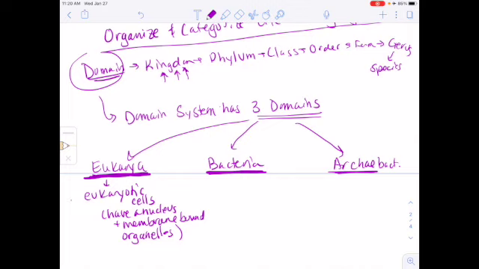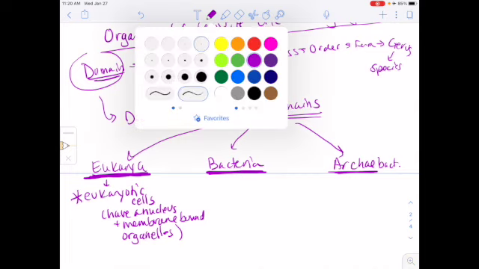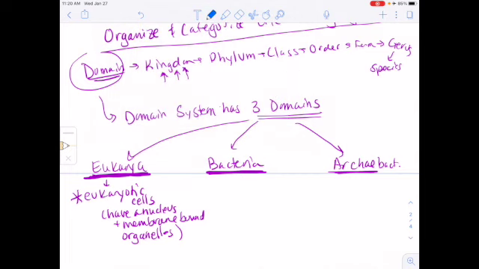So if something is in eukarya, it's a eukaryotic cell. Bacteria are prokaryotic cells. And so are archaea. They're prokaryotic cells.